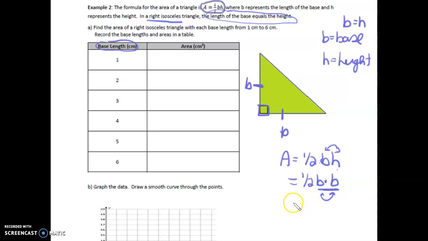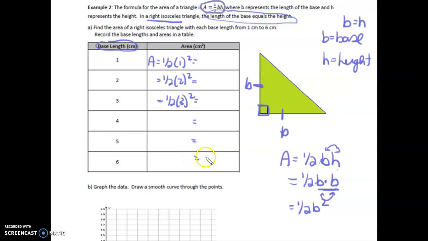We can also rewrite B times B as B squared. So area is going to be 1/2 1 squared, or 1/2 2 squared, or 1/2 3 squared, and we're going to go all the way down 1/2 4 squared, 1/2 5 squared, 1/2 6 squared.